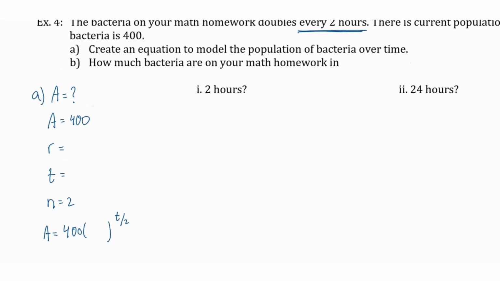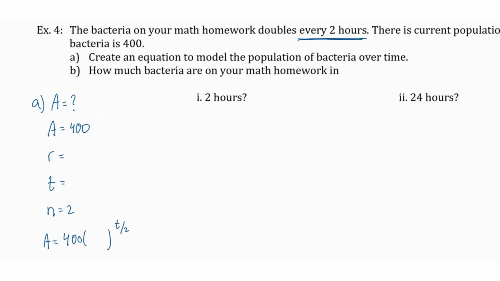And here's the trick to these ones. It doesn't give us the growth rate as a percentage. It's giving us the multiplier. It's saying that it doubles. So I put a 2 in there. So for these ones, I'm fine if you just put a 2 in.